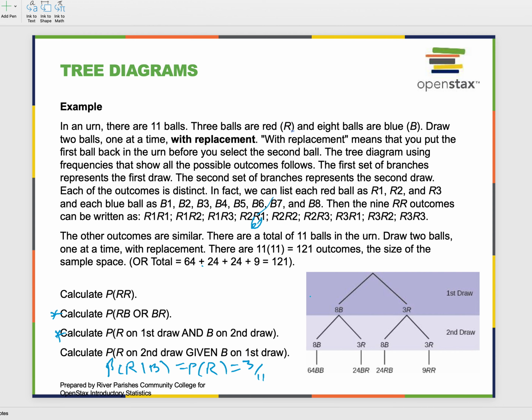And the second one, there's 3/121. You really want to divide these by out of 11, sorry. And these are all going to be divided by 11.